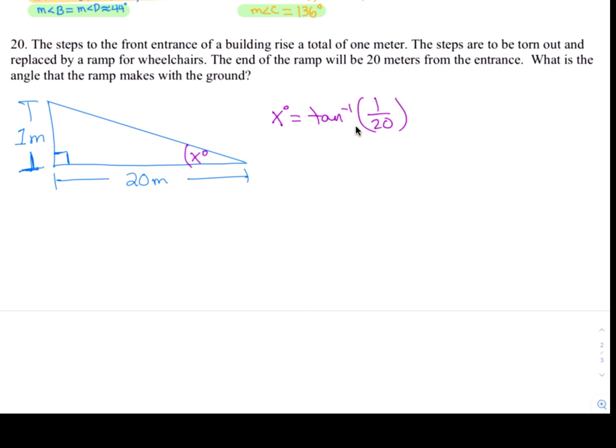Okay, and the reason why it's inverse tangent is that 1 is the opposite side and 20 is the adjacent side. All right, we'll simply put that in our calculator, and we get X is equal to 2.862 degrees.